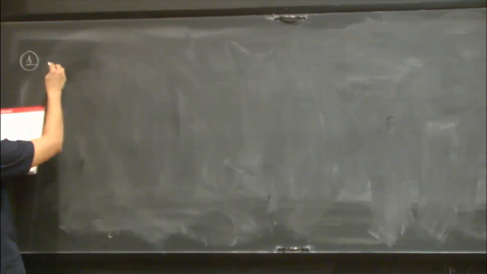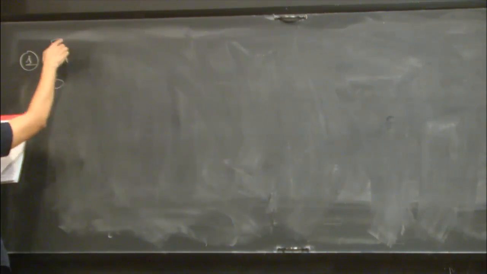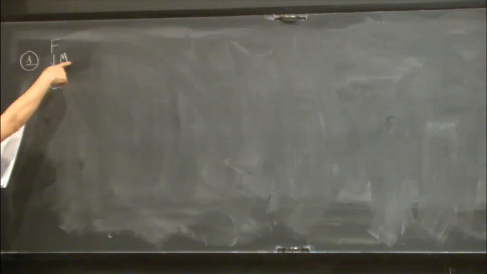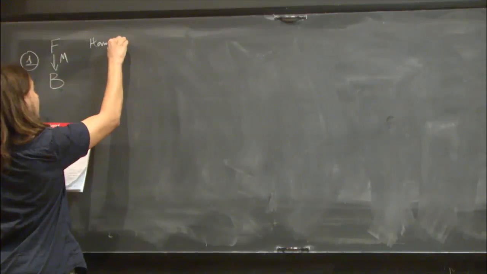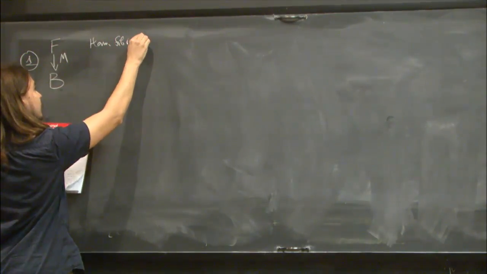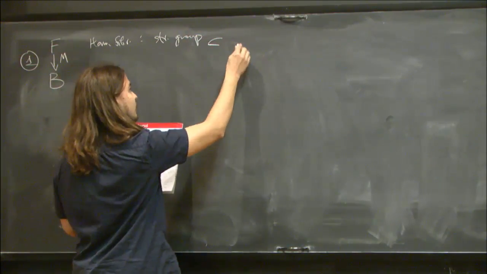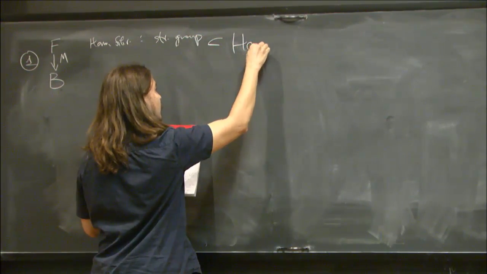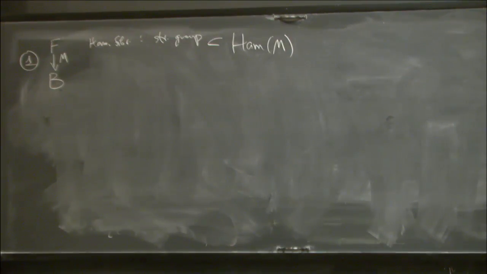let me start by recalling once again, what is a Hamiltonian fibration? F over B with fiber M is a Hamiltonian fibration if the structure group reduces to the Hamiltonian group. Okay.